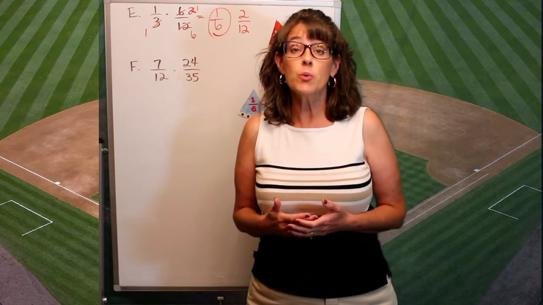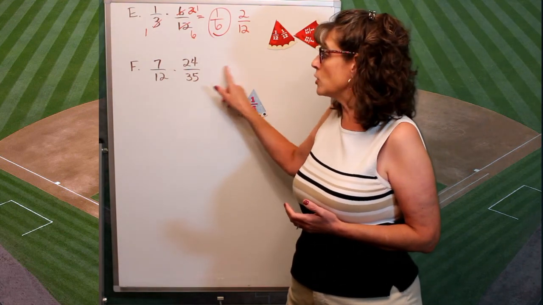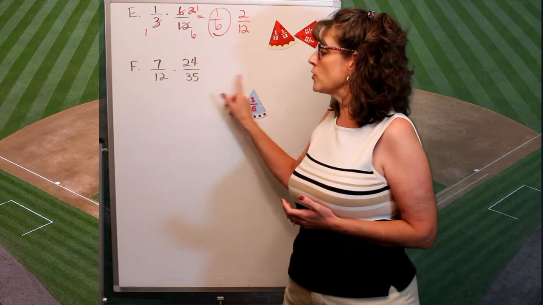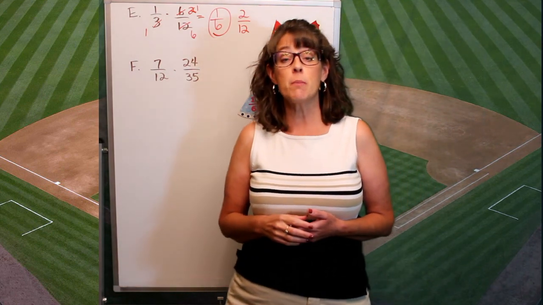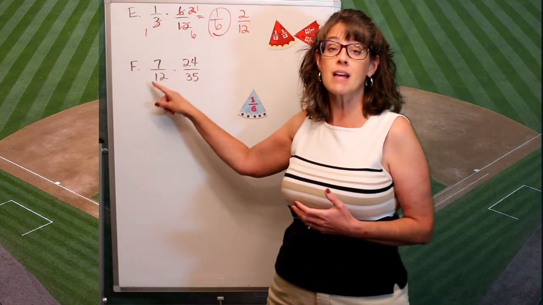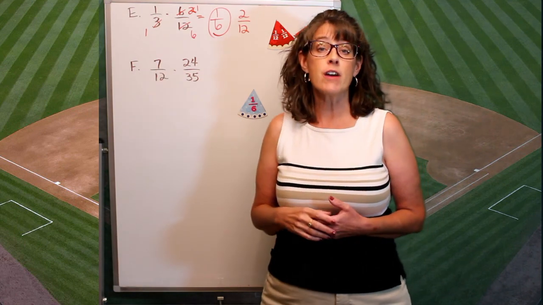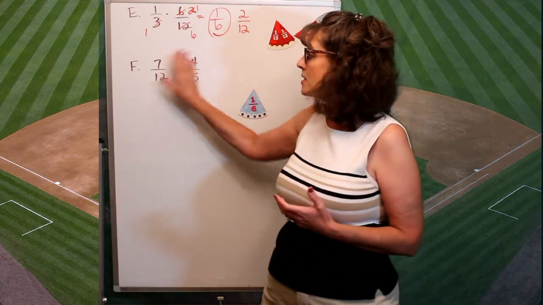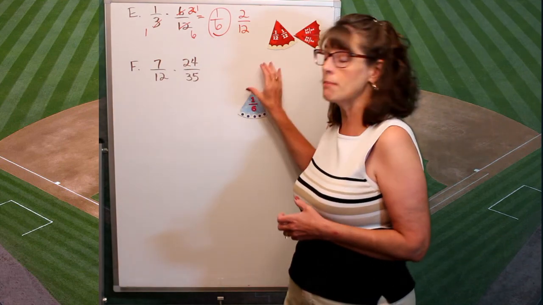If they do, then I don't want to have to multiply across here 7 times 24 and get this enormous number, 12 times 35, get an enormous number, and then try to simplify that enormous number. What I'd rather do is work with the 12 and a 24 because I can easily cancel those out. I'd rather work with the 7 and 35. I can easily cancel those out because these numbers are small. So I want to keep my numbers small rather than just going ahead and multiplying across.